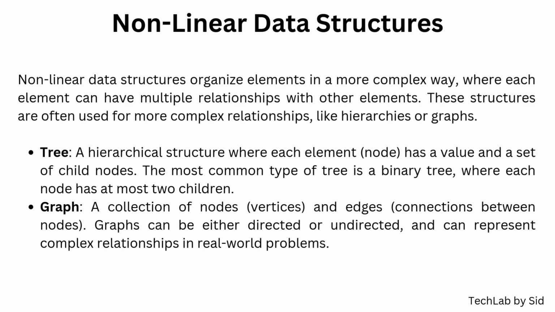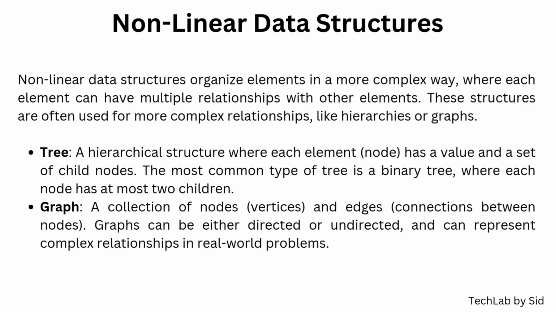Nonlinear data structures. Nonlinear data structures organize elements in a more complex way, where each element can have multiple relationships with other elements. These structures are often used for more complex relationships, like hierarchies or graphs. Tree: a hierarchical structure where each element, or node, has a value and a set of child nodes.